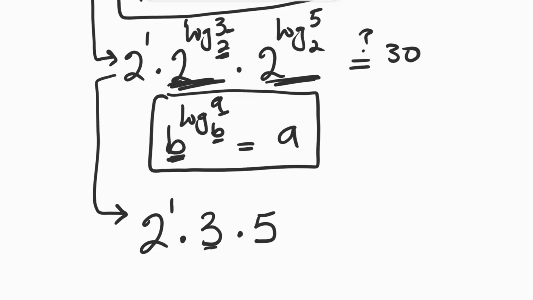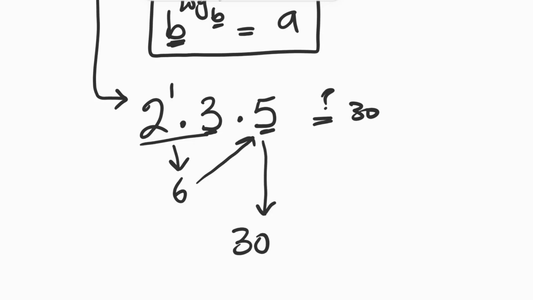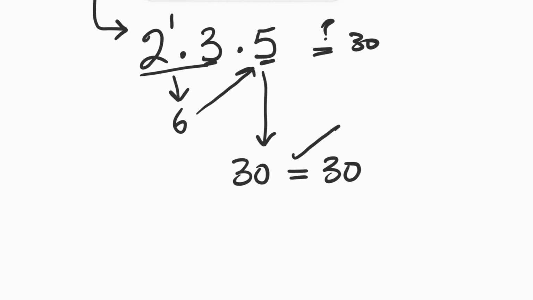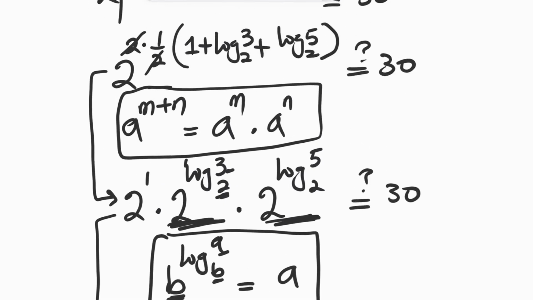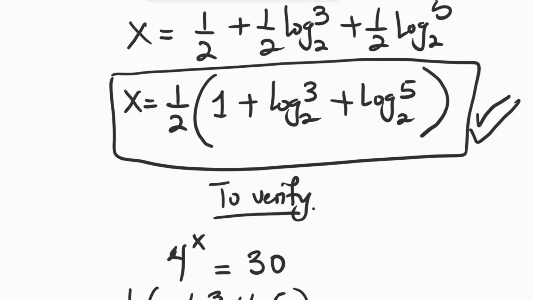That means the answer here is 3, and for this one it is 5. Now 2 times 3 will give us 6. 6 times 5 will give us 30 on the left hand side, which is exactly the same number that we have on the right hand side. So all this has proven to us is that our value of x, which we found earlier, is the correct answer to this question.